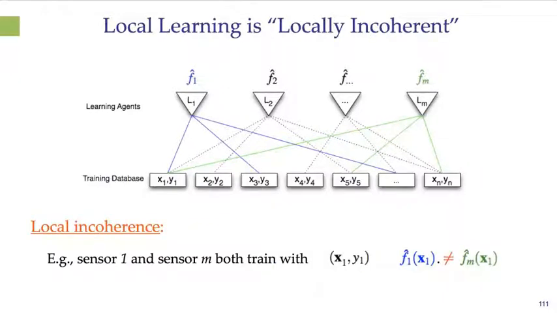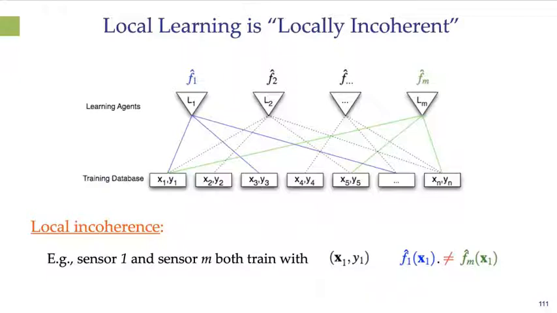On the other hand, it turns out that local learning is locally incoherent. What that means is the following. If two learning agents share a training datum, but not exactly the same group of training data, they're going to learn different values of the mapping f that maps x's to y's.